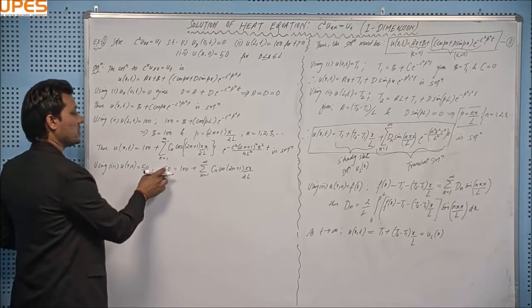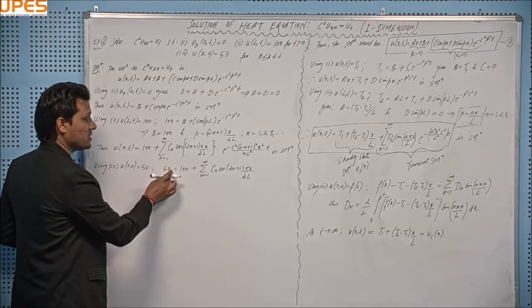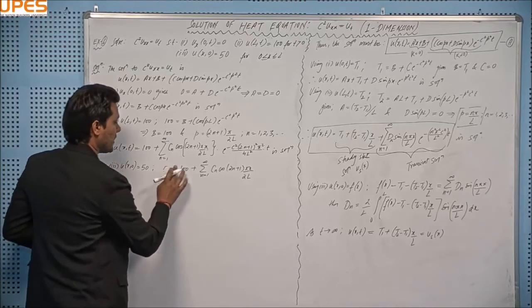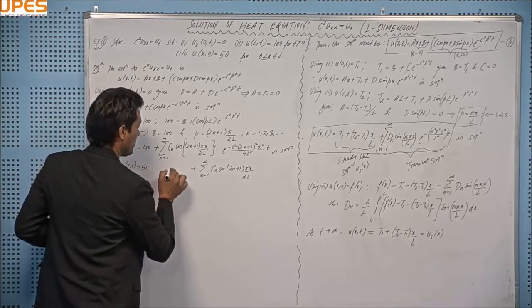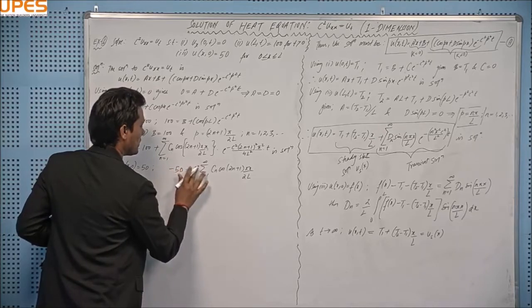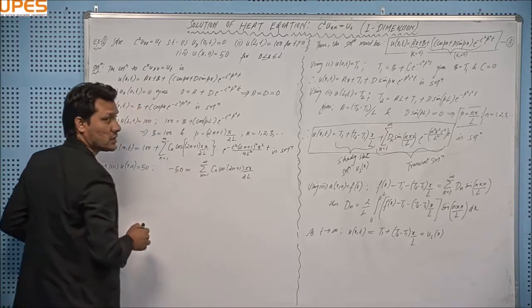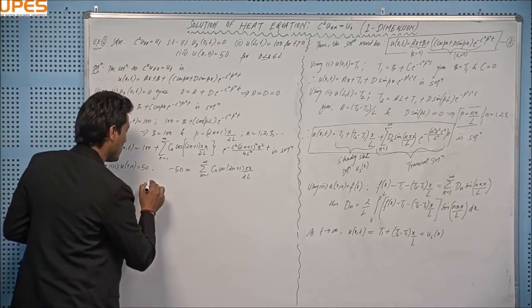Then this 100 will appear here and minus, then that will become minus 50, and minus 50 equal to this thing, and then I have to use that Fourier half range sine series cos series formula.